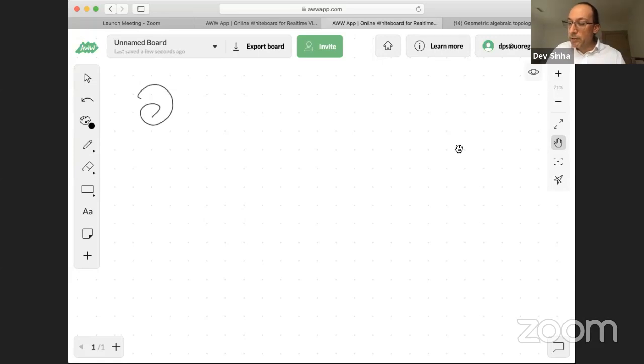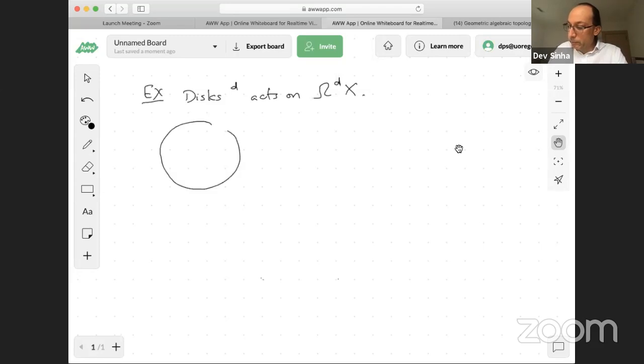So our next example, and this is one of the easiest parts of the whole story, is that disks, I was using D now because I use N for the entries, acts on the loops on X. And this is just one of the simplest stories.